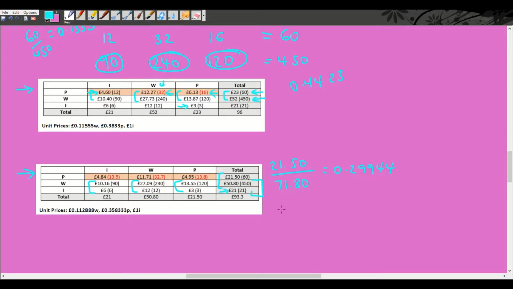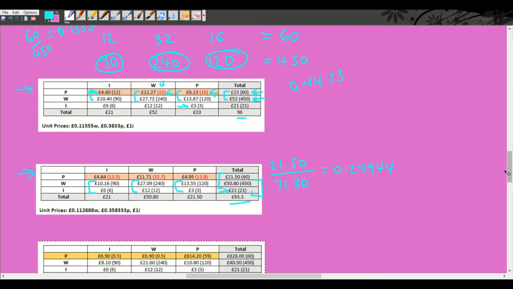And here you can see, actually there's not that much difference. These are pretty close, £23 and £52, £21.50, £50.80, and the total in the table 96 here, and it's £93.30 here. But it can change quite massively actually. So let me get that.